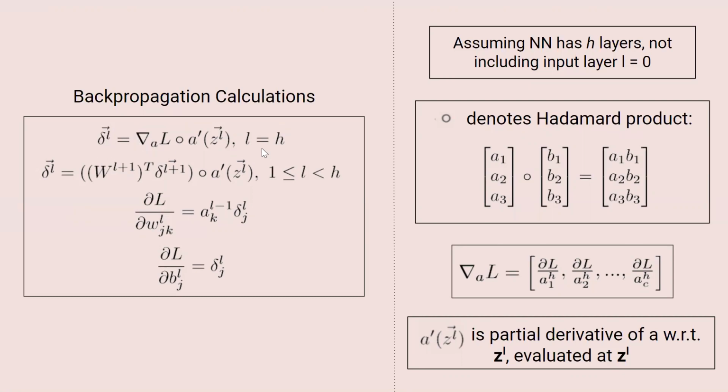This is the case for our last layer; I said H for our final layer. And for everything before the final layer, we have this formula. But this is delta L, and it depends on delta L plus 1, right? So it's literally defined recursively, where this is your base case and this is your recursive case.